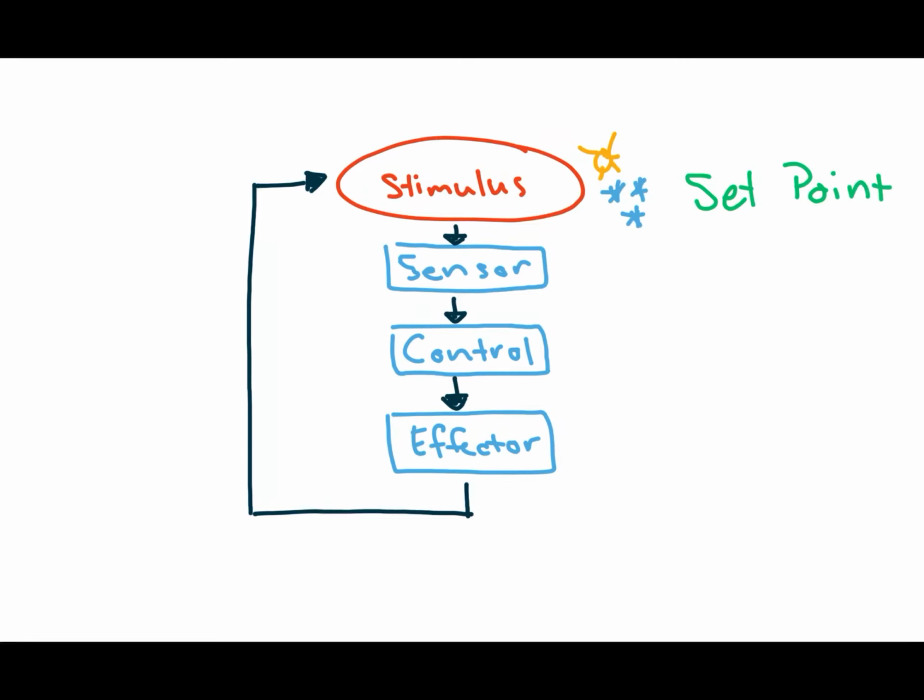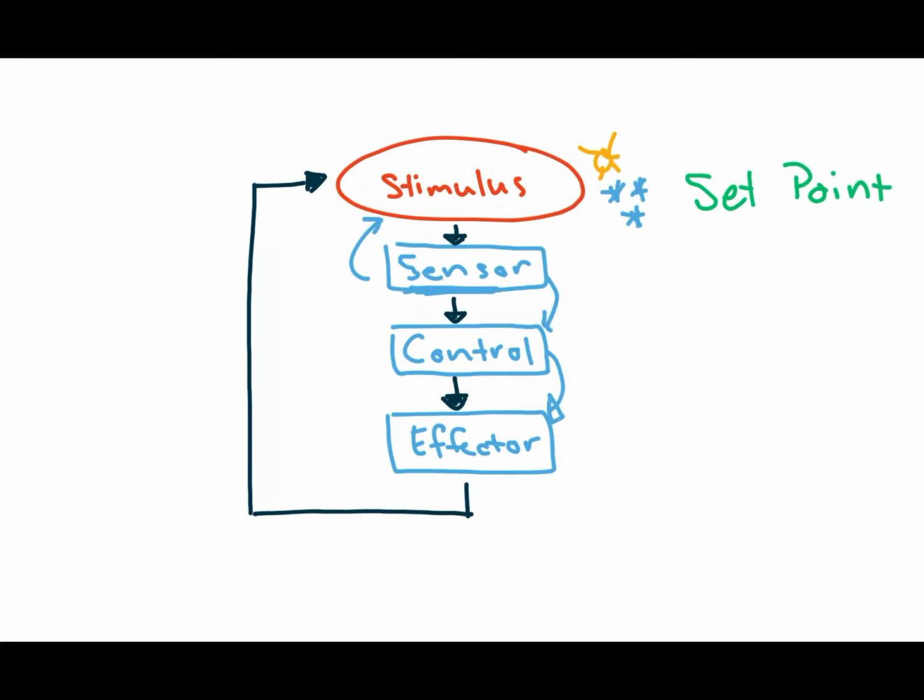This then kicks in your sensor, which monitors the value of this variable, and it sends a signal to the control center. Once it reaches the control center, it matches the data with normal values in your body. If this value is not at the set point or is outside the normal range, the control center will in turn send a signal to the effector.